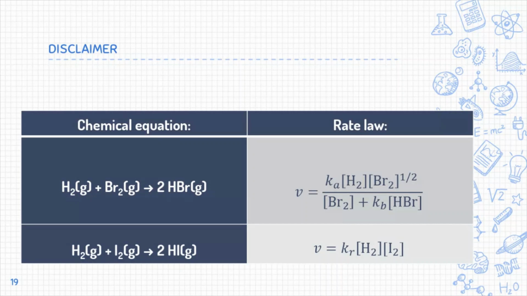if we assume these are elementary reactions, they would probably lead to the same equation, assuming that they are one-step bimolecular reactions. So basically, that'd be an H2 molecule and a Br2 molecule colliding together.